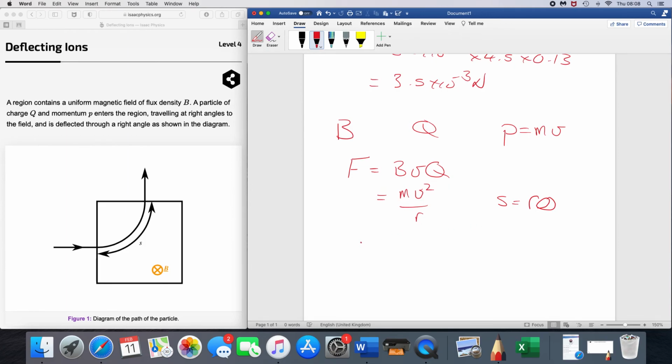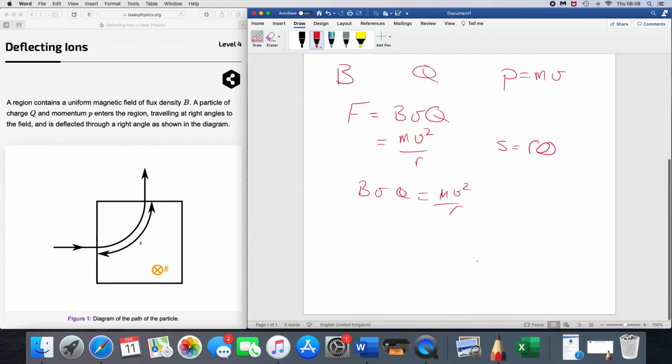So we've got BVQ equals mv squared over r. So we've got BQ equals mv over r.